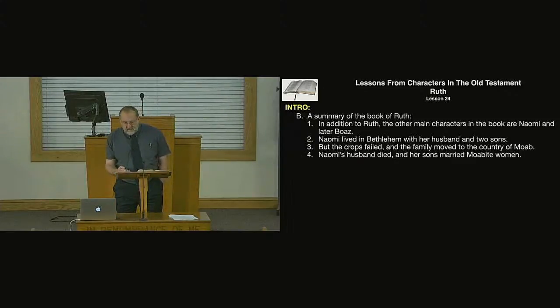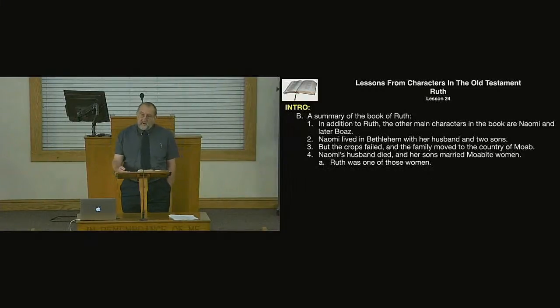Naomi's husband, while there, dies, and her two sons marry women who were Moabites, citizens of that country. Ruth, whom we're studying about, is one of those Moabite women that Naomi's two sons married.